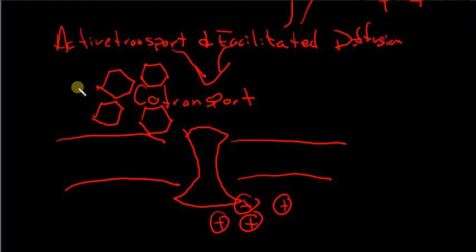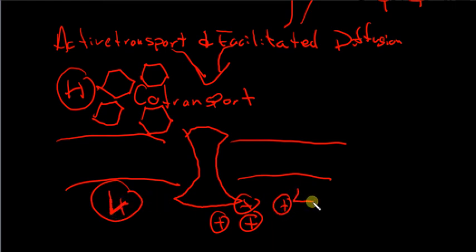And the glucose has a high concentration out here and a low concentration in here. The protons have a low concentration in here and a high concentration out here. Basically what a CoTransporter is doing is coupling passive transport, facilitated diffusion, and active transport together.